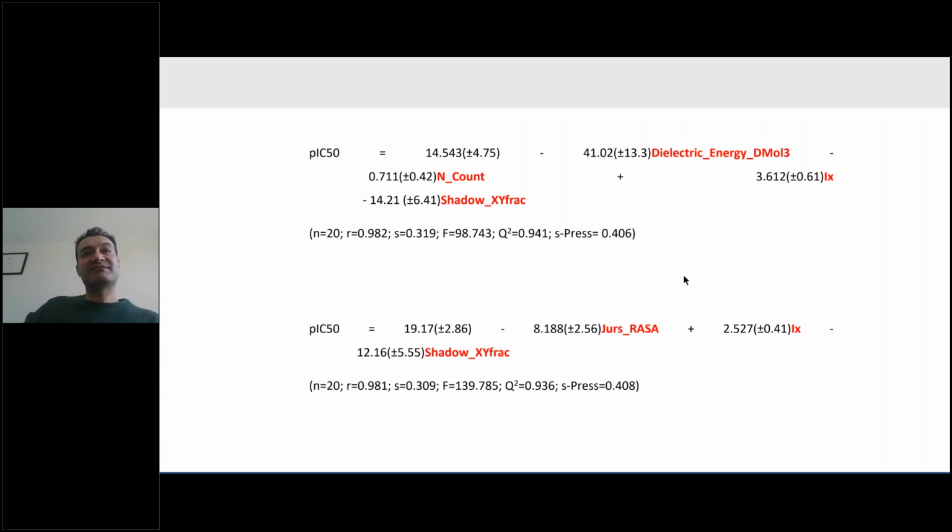If your model is validated, then if you have an experimental unknown compound, and you don't have any idea of the biological activity, just calculate those parameters here and put it in the equation. It will give you a theoretical biological activity. So that's why those data used in generating a QSAR model is very, very important. The more reliable your data is, the more accurate results will be.